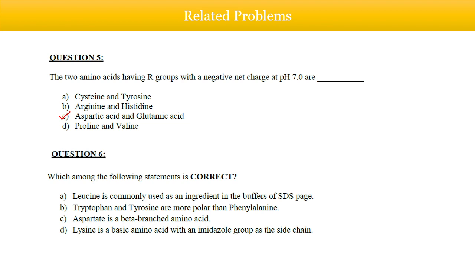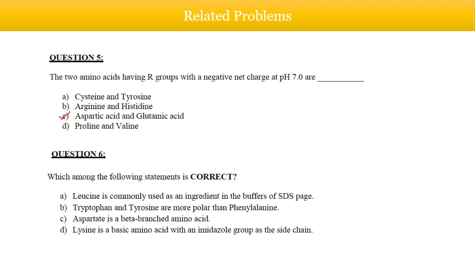Now, which of the following statements is correct? Leucine is commonly used as an ingredient in buffers of SDS-PAGE. Tryptophan and tyrosine are more polar than phenylalanine. Aspartate is a beta-branched amino acid, and lysine is a basic amino acid with the imidazole group as the side chain.